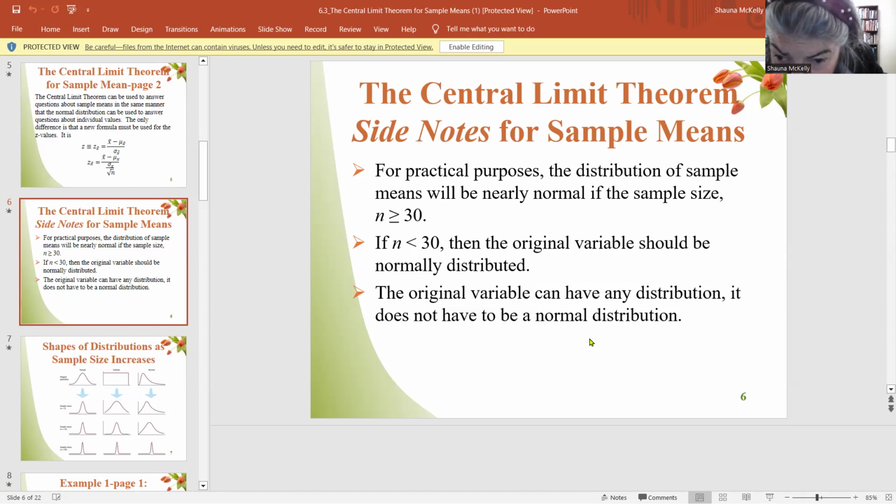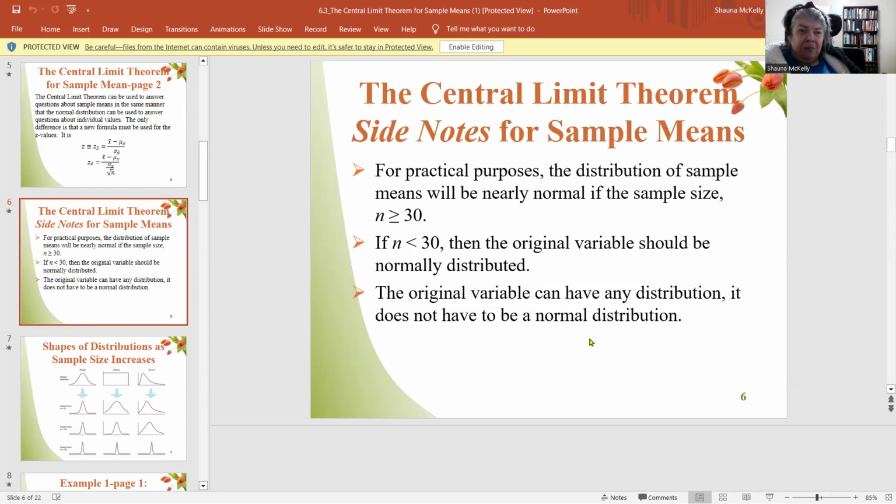If n is less than 30, then the individual original variable should be normally distributed. Now, the original variable, and by that she means the population from which it came.